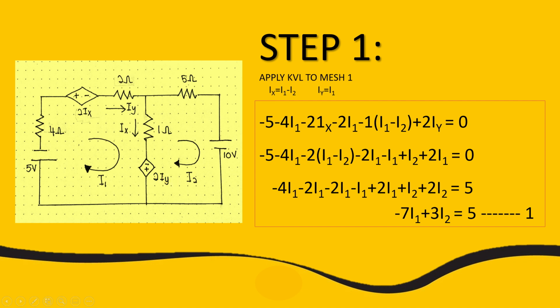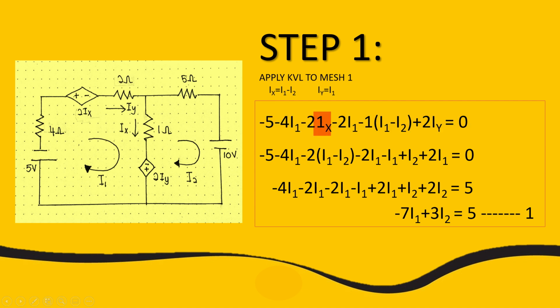From these components, we can derive an equation which is negative 5 minus 4 I1 minus 2 Ix minus 2 I1 minus 1 in the bracket I1 minus I2 plus 2 Iy is equal to 0.